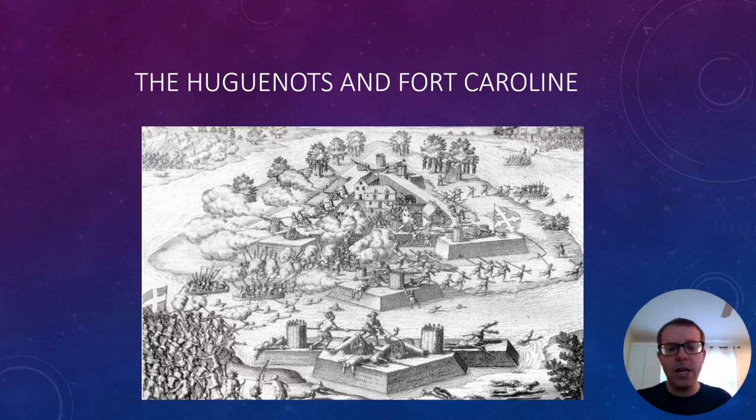And so the Timucuans were a group of people who descend from these mound building cultures that have centralized villages and generally dense populations, but they have different groups that are often rivals to each other.